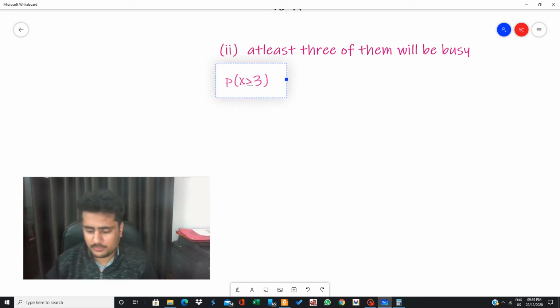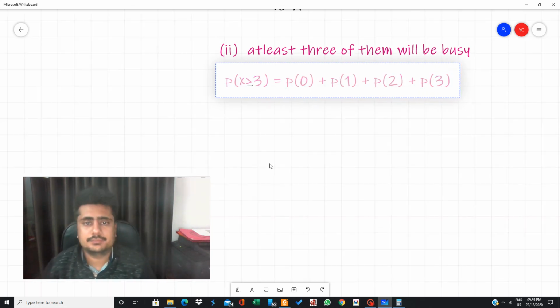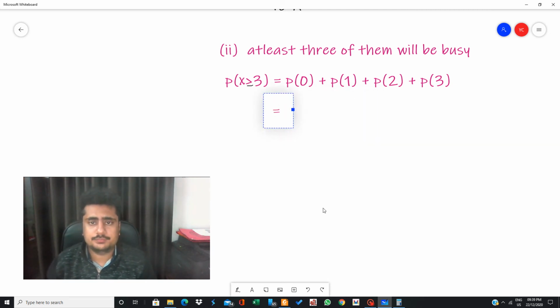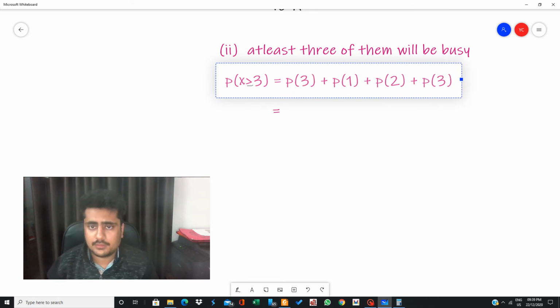Now it is very simple that it will contain P of 0, 1, 2 and 3. Sorry, this at least 3 will contain 3, 4, 5 and 6.